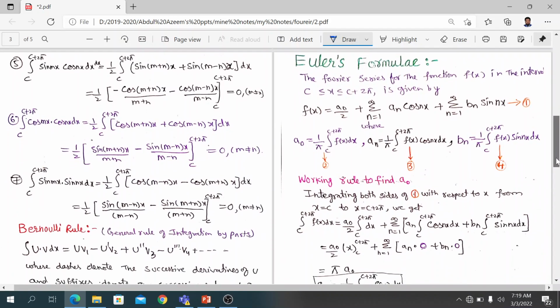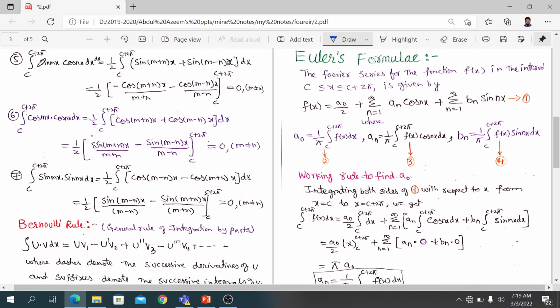Next formula is integration from c to c plus 2 pi of sin mx cos nx dx. So this is nothing but 1 by 2 integration from c to c plus 2 pi. This I can write as 1 by 2 of sin of sum plus sin of difference, sin of (m plus n)x plus sin of (m minus n)x dx.